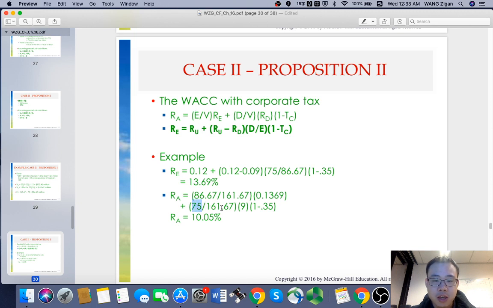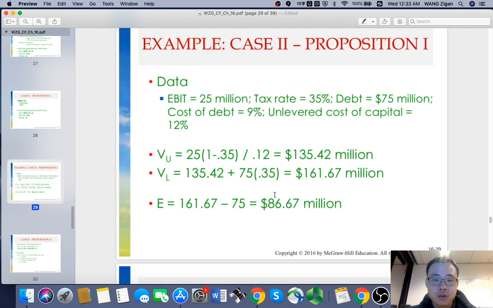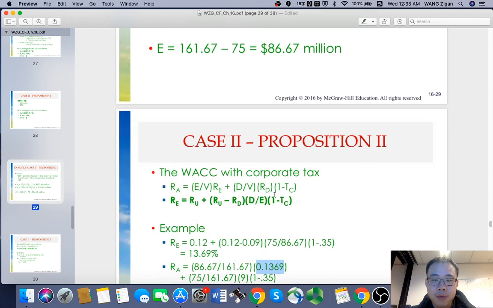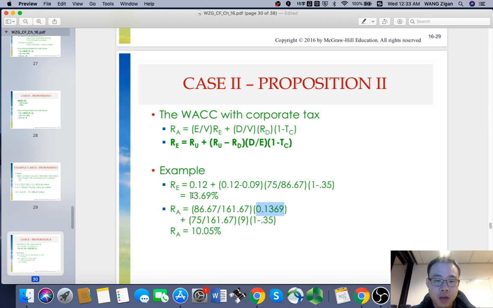This is D divided by V, and this is E divided by V, and this is RE. RE is calculated here, okay, from this one. So I don't know why the slides are like this. So we use this one to calculate this RE. So RE is here.